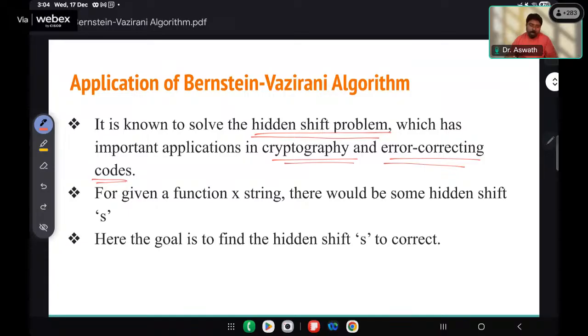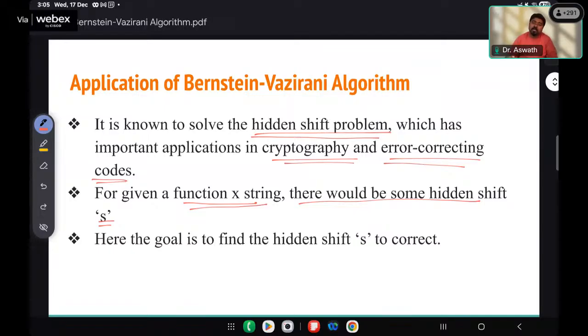For a given function with x string, there would be a hidden shift. A string is shifted by some means from one form to another form using some shift s. The goal is we need to find that shift.